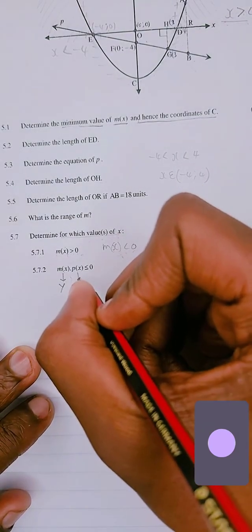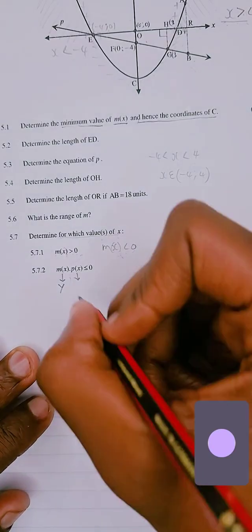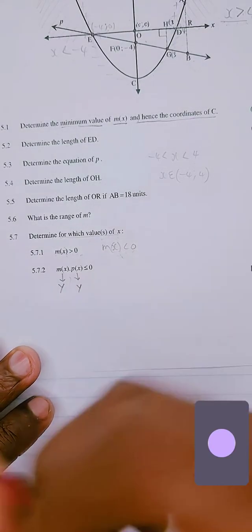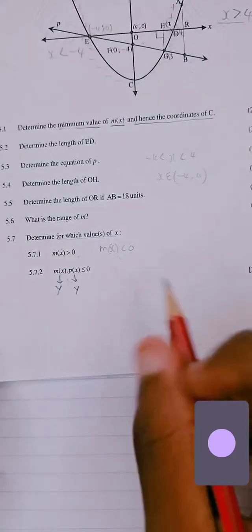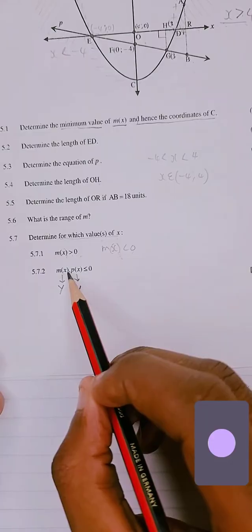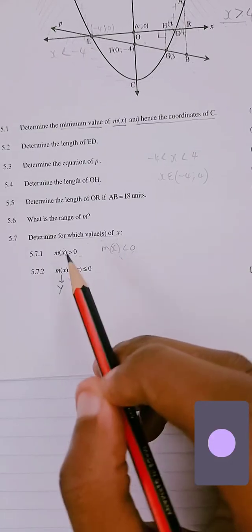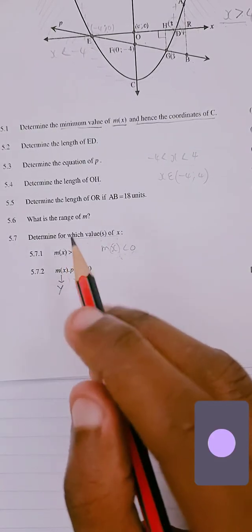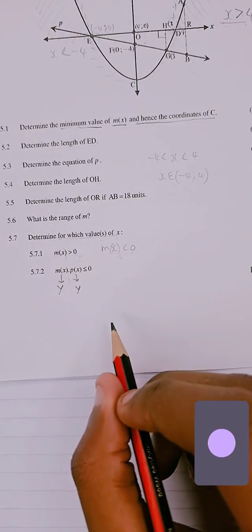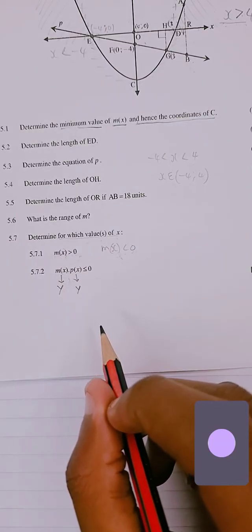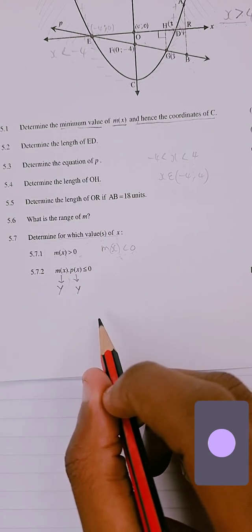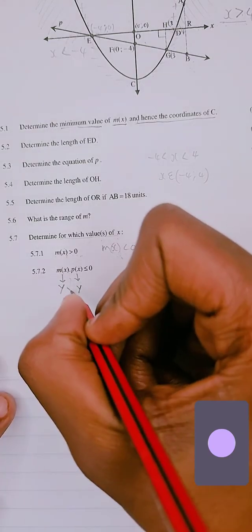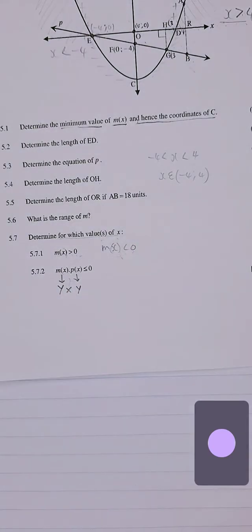The function p of x is the straight line, but we are looking at its y value. Then this dot, what does it mean? I know it from multiplication. Very good, it is multiplication.